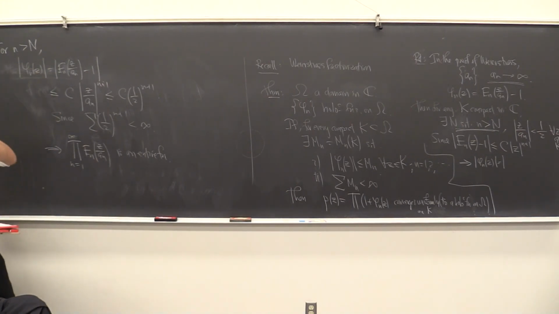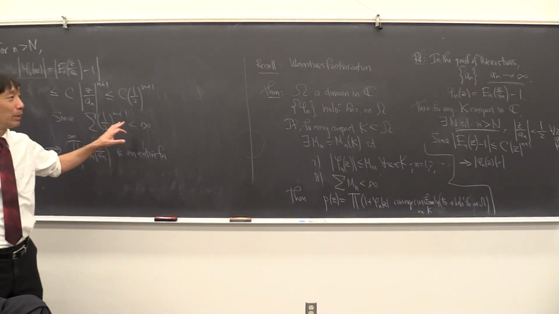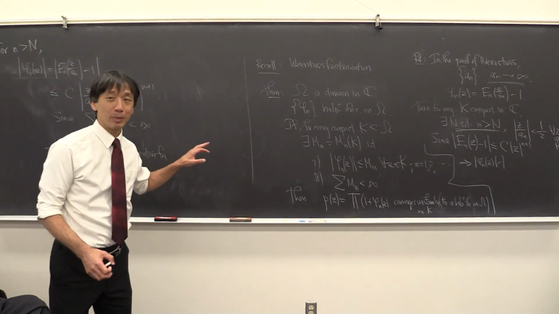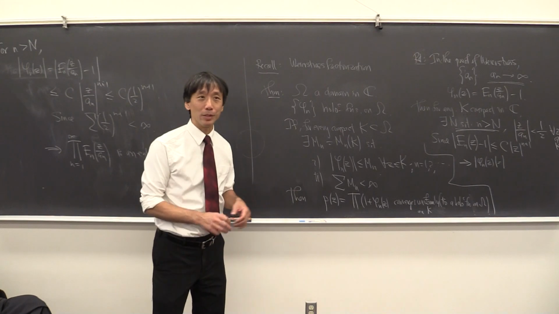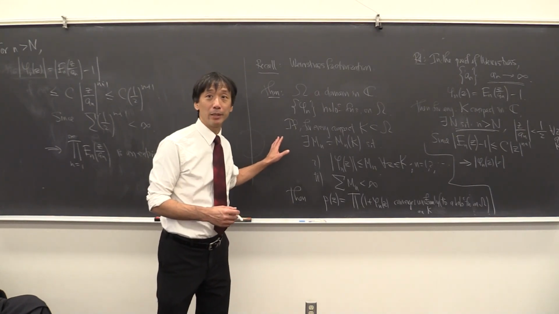Okay, so this is how we got Weierstrass's factorization. It may look a little different, but this is essentially the proof that we gave. Any questions? Anybody stuck on anything?